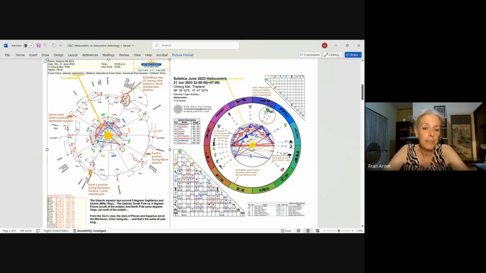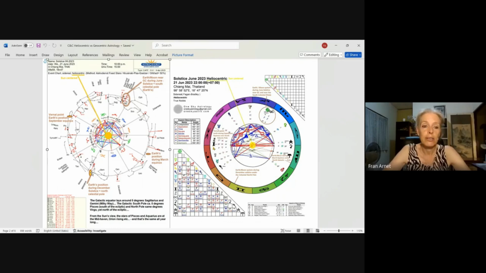On the ecliptic. And as we are in special times right now, our solstices on Earth are aligned with the galactic equator, and the equinoxes are aligned with the galactic poles, South Pole and North Pole.